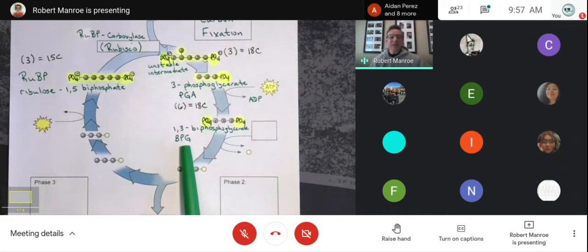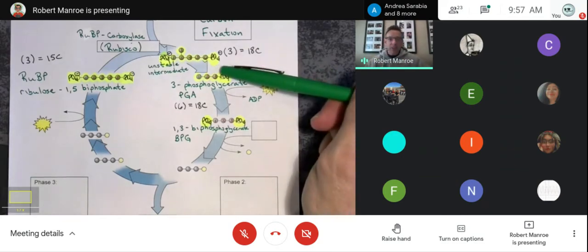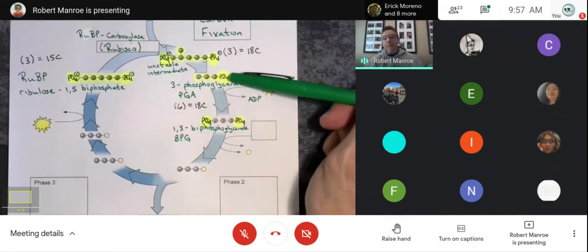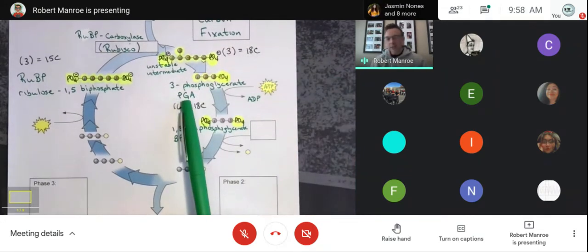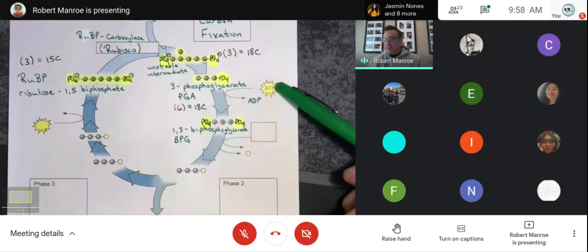Okay, this is where science gets really muddy for a lot of people because all they hear is a bunch of letters, okay? So don't be confused by what this is telling you. You have a 3-carbon compound. This 3-carbon compound happens to be called PGA, all right? This 3-carbon compound, PGA, grabs a phosphate from ATP.